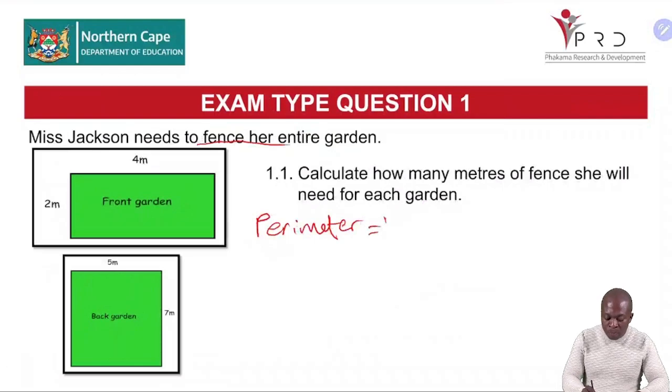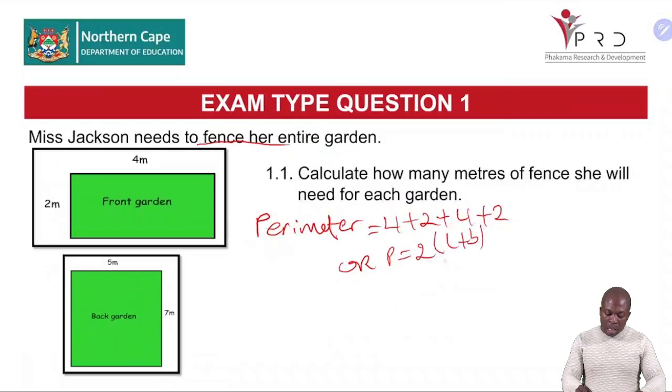So it's going to be 4 plus 2 plus 4 plus 2. Or we can say P is equal to 2(L + B). So our L is 4, our B is 2. Put in the bracket, multiply everything by 2. You are still going to get the same answer. Do you see how you answer the questions?